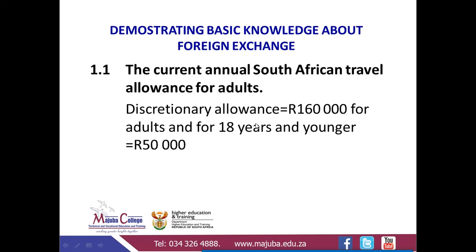So in your textbook, it's on page 3. We said this allowance is now called the discretionary allowance of 160,000 Rand for adults, and those 18 years and younger are given 50,000 Rand.